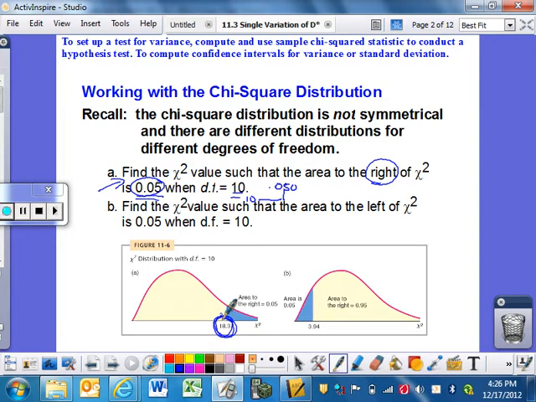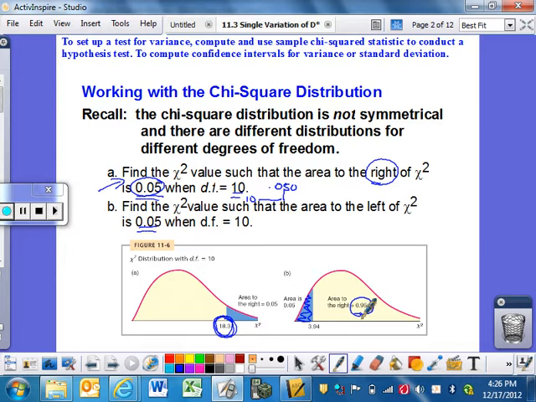What's tricky is part B. They say find the chi-squared so that the area to the left of chi-squared is the same amount. Well, this table doesn't give me any areas to the left. So what number on top do I look for? If you look at this picture, if I want 0.05 to the left, that means I want 0.95 to the right. I know it's small and you can't really see it very well.